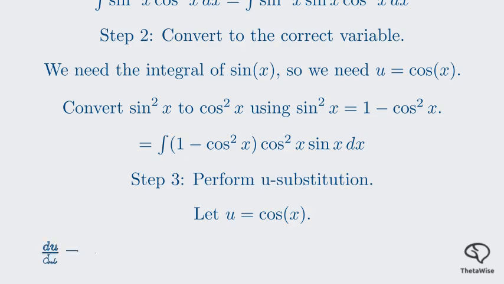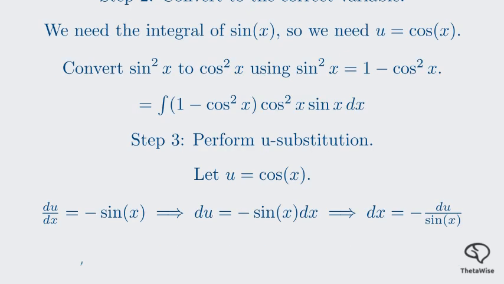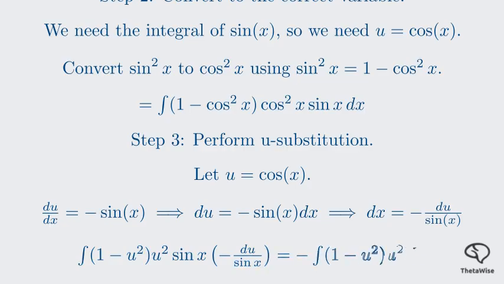We let u equal cosine x. The derivative, du, is negative sine x dx. This means dx is negative du divided by sine x. Substituting u and dx into our integral, we get the integral of 1 minus u squared times sine x divided by negative sine x. The sine x terms cancel.